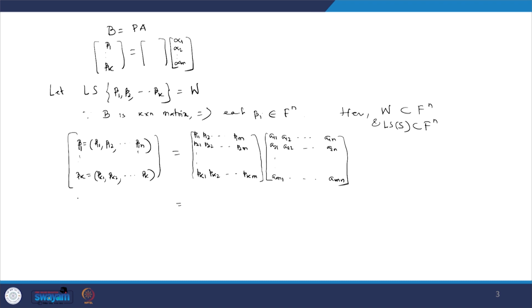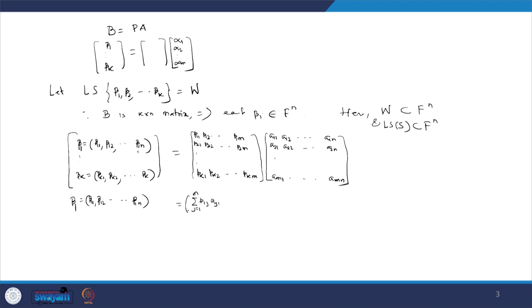So this implies, if you write down beta 1 with all n components, it is beta 11, beta 12, up to beta 1n. Beta 11 is what? The first row of B multiplied by the first column of A. So this is sigma P1j Aj1, with j equal to 1 to m.